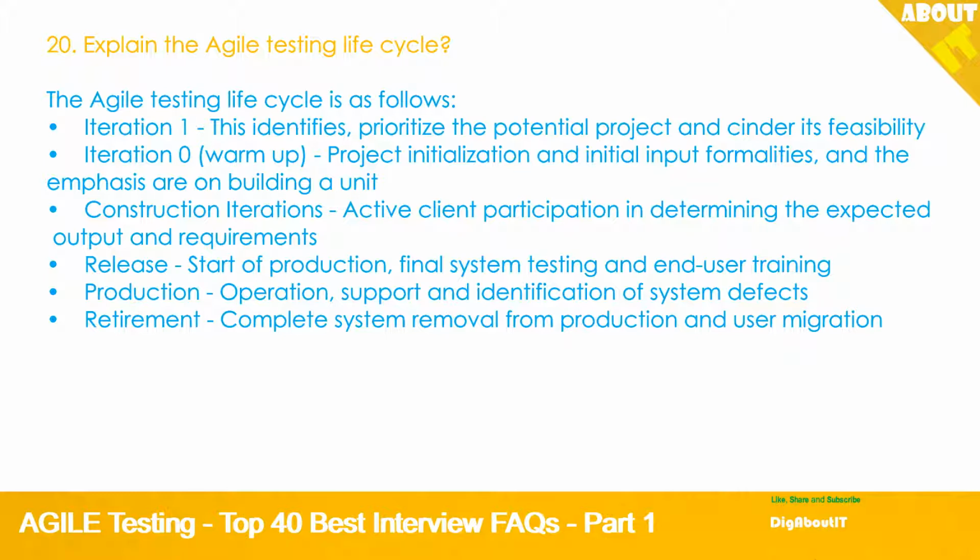Construction iterations: active client participation in determining the expected output and requirements. Release: start of production, final system testing and end-user training. Production: operation, support and identification of system defects. Retirement: complete system removal from production and user migration.